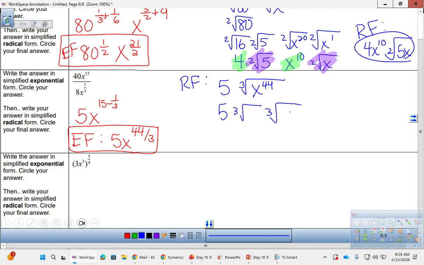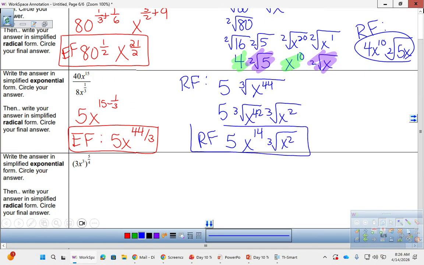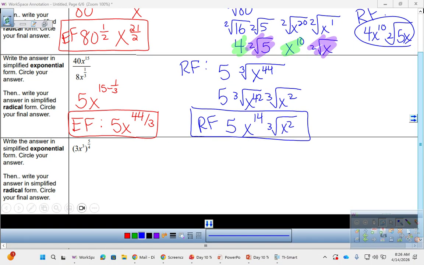Is it 42? x to the 42 and x to the 2. Is that 14? All right, so we get x to the 14th third root of x squared, and again the 5 is just coming down. So here is my radical form for this one: 5x to the 14th third root of x squared. Exponential form and radical form.